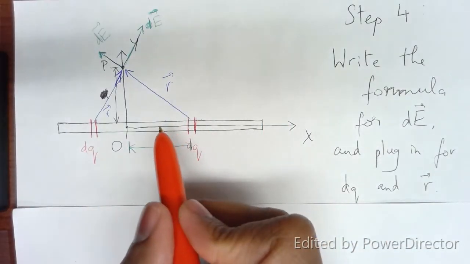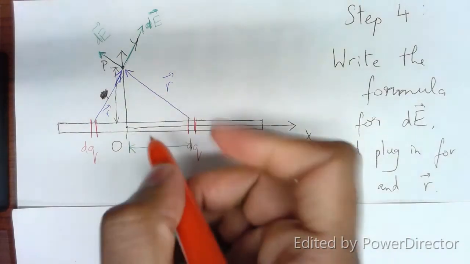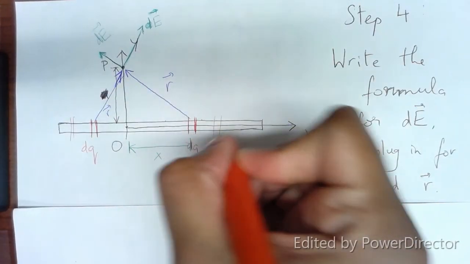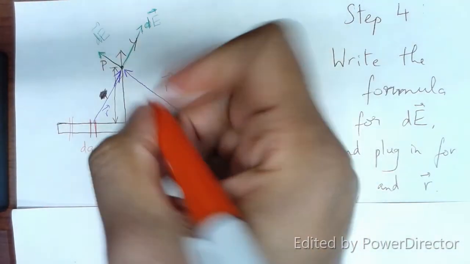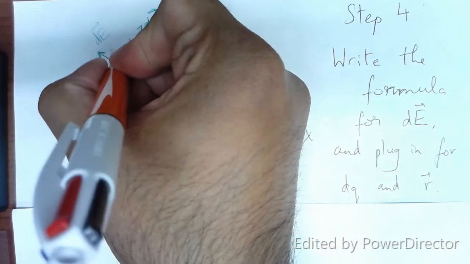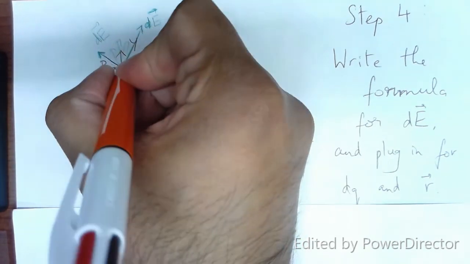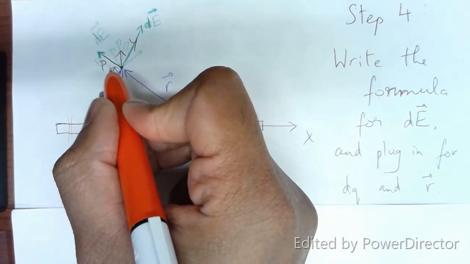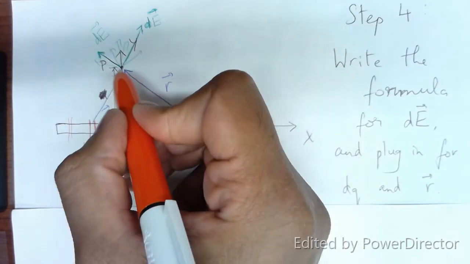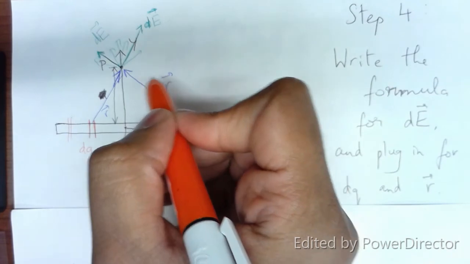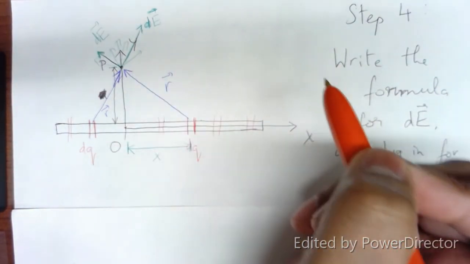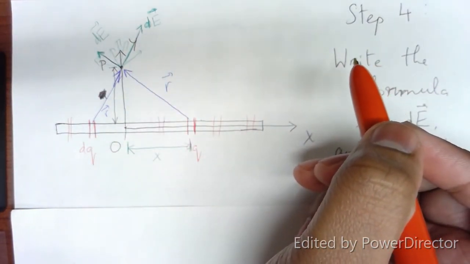And so as we do the integration, each dq will contribute a little dE, and we are going to get an infinite number of these little dE vectors, and we will add up all these vectors, and we will see that some of the components will cancel, some of them will add up, and we will get some total overall electric field vector.